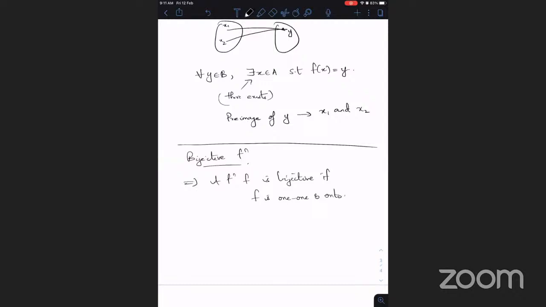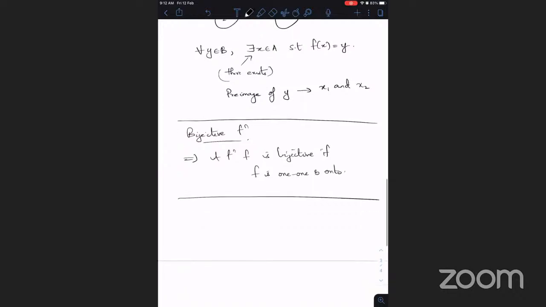So that's all about a bijective function. I would encourage you to look at the meaning of this, but as the definition goes, for a function to be bijective, it just needs to satisfy these two conditions. So it should be one-to-one and also onto.